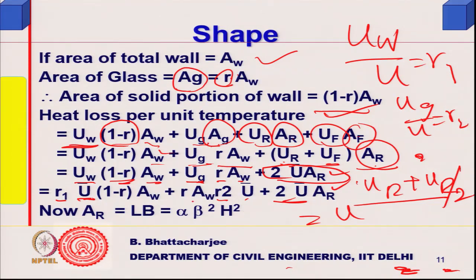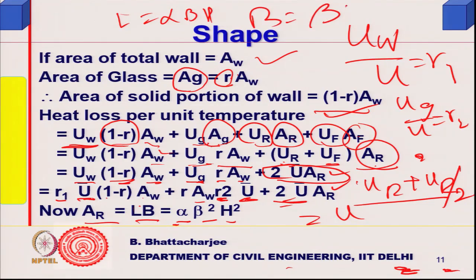So, I can get it in terms of (1 minus R) AW, and R2 U gives me U glass, twice U AR, and AR is equals to nothing but alpha beta square H square, because L is equals to alpha B, B is equals to beta H. So, L into B is alpha beta square H square.